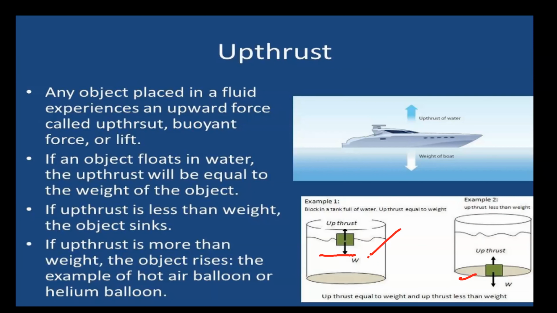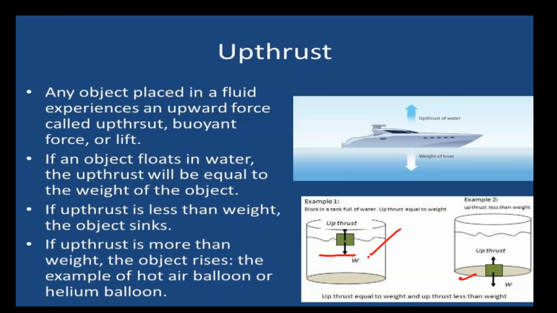So what is the real weight of a body? That means the weight of a body in the air. When it becomes equal to the upthrust given by the liquid, then a body always floats in the liquid. For example, the real weight of a body is 70 Newton. When that body is immersed in the liquid, if it experiences 70 Newton of upthrust from the liquid, then that body is found floating on the liquid.